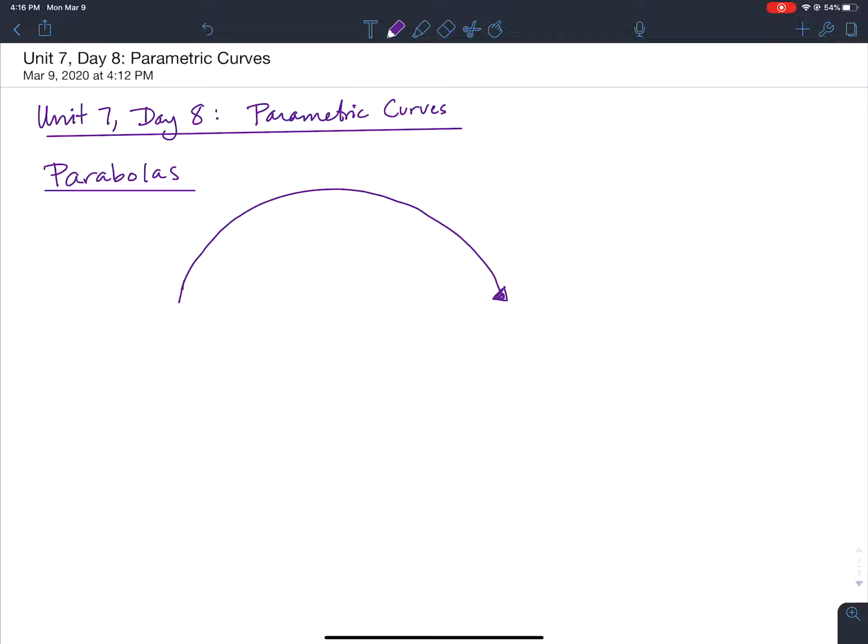And if you think about it, anytime we've talked about this in a previous math class, we've only been talking about either height with respect to time or horizontal distance with respect to time. But really all of these objects have all three of those components. They have horizontal distance, height, and time that come into play in terms of where this object is actually going.